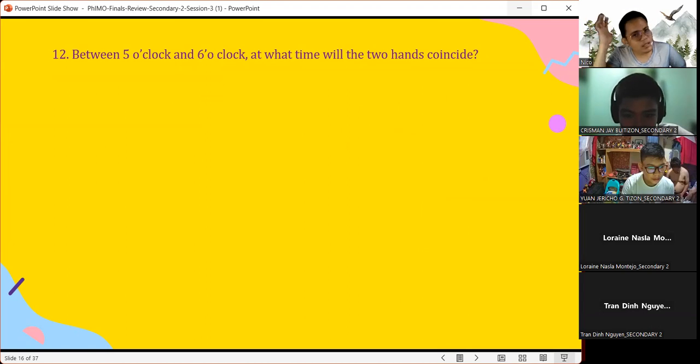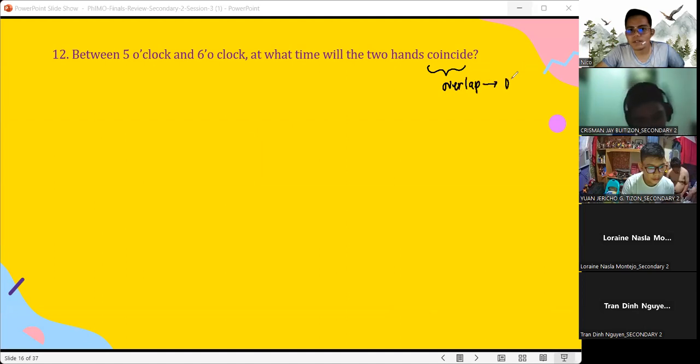Okay, between 5 o'clock and 6 o'clock, what time will the two hands coincide? So when you say coincide, it means that they are overlapping, no? They overlap, meaning they will have 0 degrees as their angle, right? So the theta, which is equal to the absolute value of 30h minus 11 over 2m, is equal to 0. Kasi nga, it's coincide, diba?